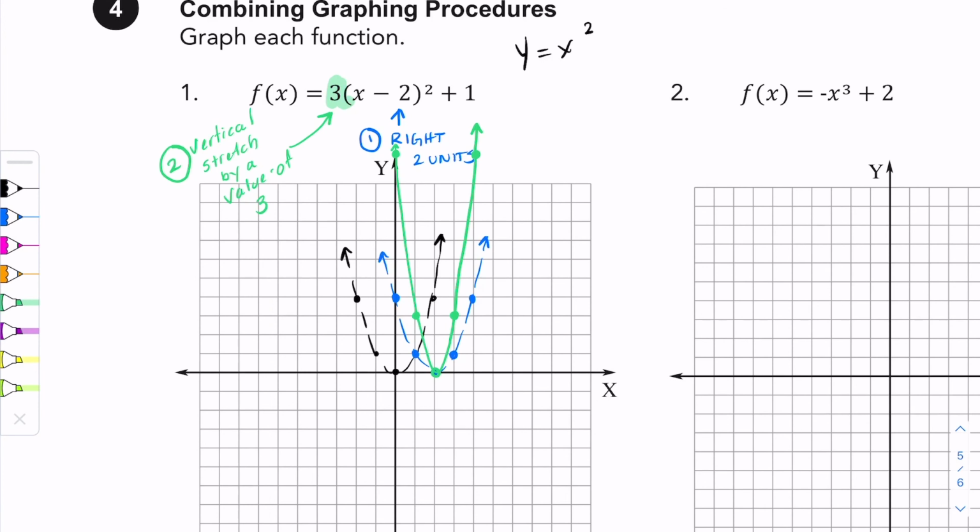All right, so the green graph is my second step, which was my vertical stretch. So vertical stretch by a factor of 3. And my last step is right here, which is my vertical shift. I am shifting up 1 unit.